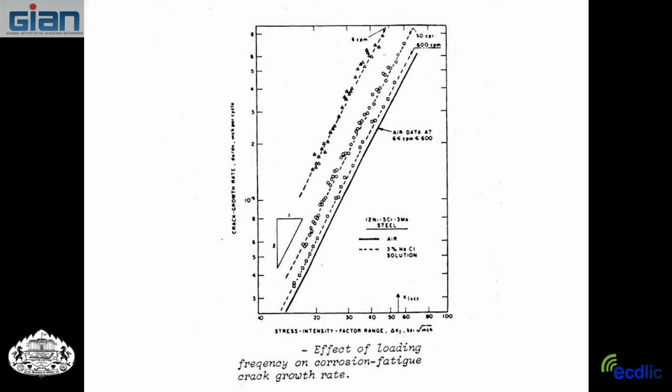And it's a very logical explanation of why slow frequency is worse, because you are loading into a susceptible range, the crack starts to have environmental effect, and then you come back out of it again. So every cycle you load into an environmental range, and then you come out of it.